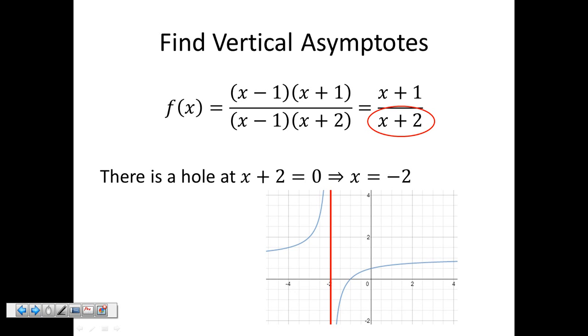So there's not a hole, there is a vertical asymptote at x equals negative 2. It's the term that didn't cancel out.